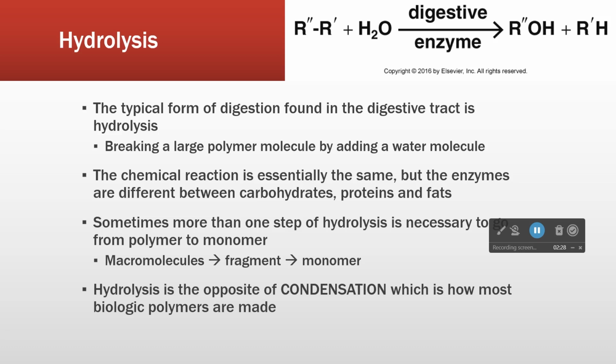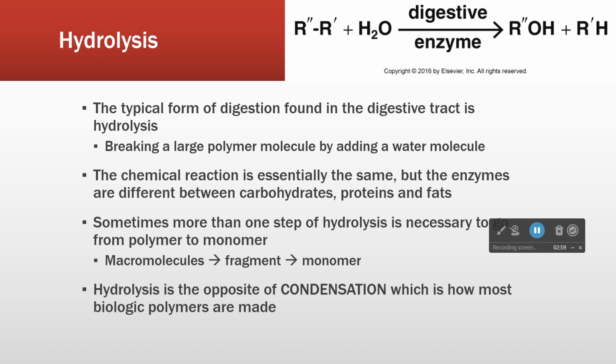But you did learn about this in Gen Chem, where you have a molecule that has two groups. You add a water to it, you get two molecules. One of the molecules has an OH, the other has the H, right? So stoichiometry is valid, but we've taken a large polymer, R double prime, R prime, and we've made it into a simpler molecule. Right? So that's hydrolysis, breaking it down.